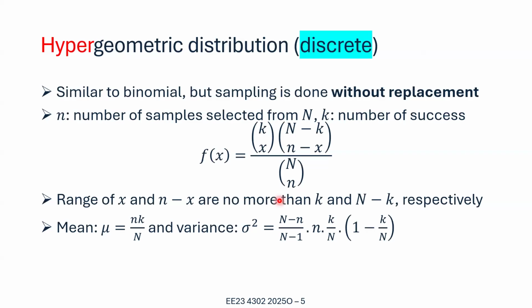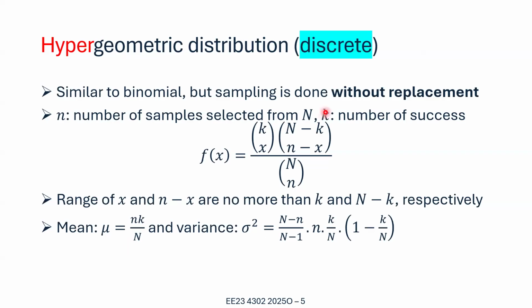So n here is the number of samples selected from N, where k is the number of successes, and the range of x and n minus x are no more than k and N minus k. And the mean here is nk per large N.